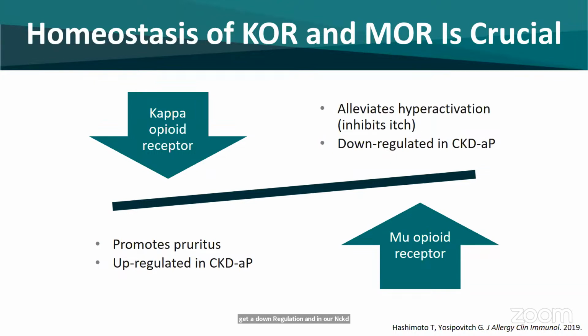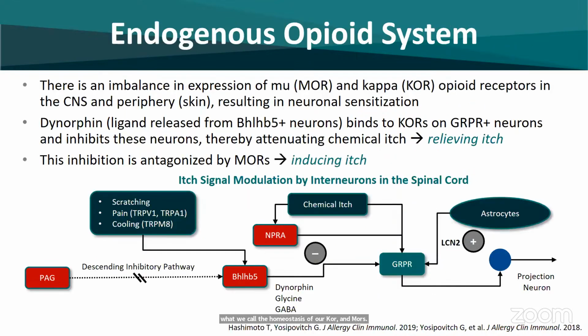So we're trying to figure out a balance, or what we call the homeostasis, of our KOR and MORs. It's very crucial for balance. So this is an endogenous opioid system. This imbalance of the MU and the kappa receptors in the central nervous system and the periphery, our skin, results in a neuronal sensitization. And that's what the issue is.